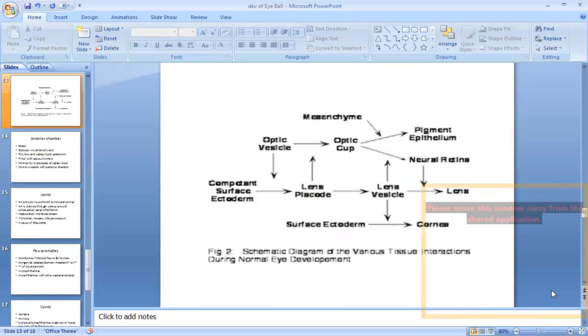So, in a nutshell, you can say that there is mesenchymal tissue and surface ectoderm, converted into optic vesicles.